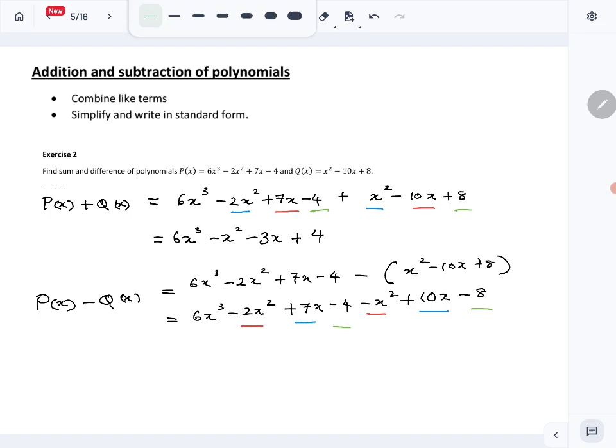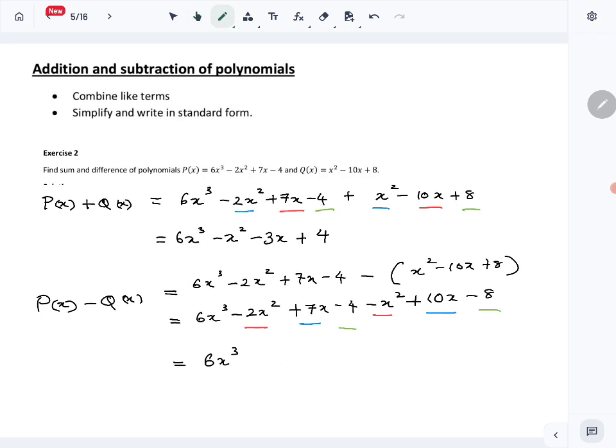So let's write the final answer by combining: 6x cubed, minus 2x squared minus x squared becomes minus 3x squared, plus 7x plus 10x becomes plus 17x, minus 4 minus 8 becomes minus 12, right? So that is the answer for the difference of these two polynomials px and qx, right?